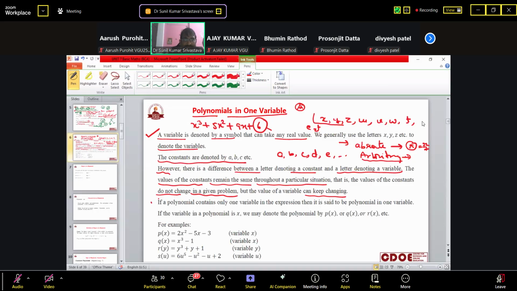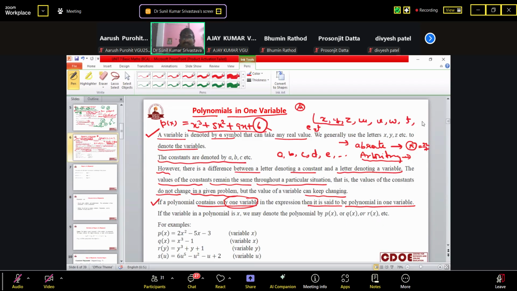Next, if a polynomial contains only one variable, then it is said to be a polynomial in one variable. If any expression contains only one variable, the expression is said to be a polynomial in one variable. Suppose we have written the expression x cube plus 5x square plus 9x plus 6. So this is a polynomial expression in the variable x, because only x is the variable here.